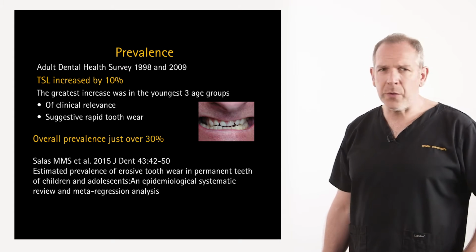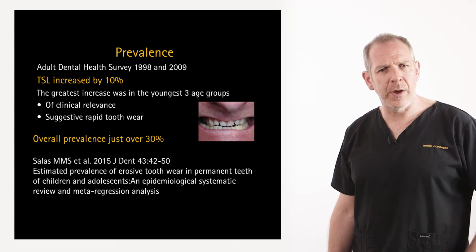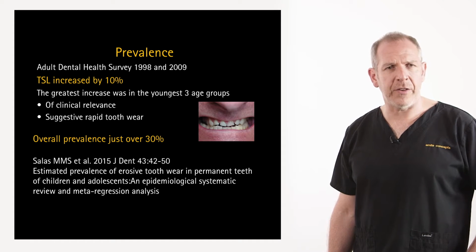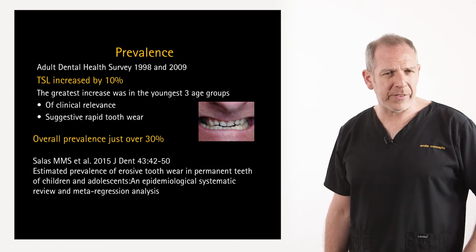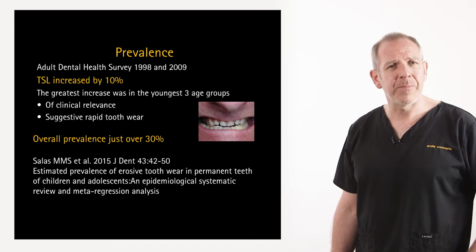But tooth surface loss, or destruction of tooth tissue due to things such as erosion, is going to increase. And it's going to represent a significant restorative challenge. It's still, in the same way as caries, destroying or removing tooth structure. So it should be noted that this is often more difficult to restore than dental caries.